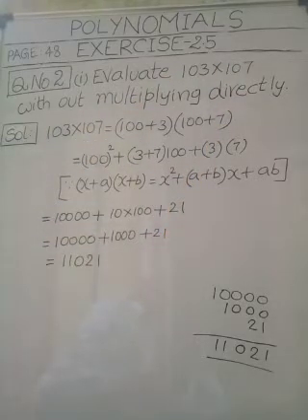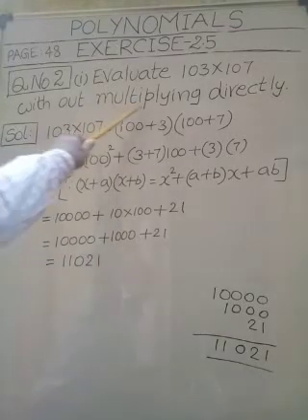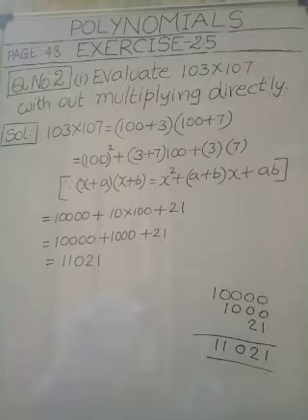You have done it in the earlier classes, but you have learnt algebraic identities. So we use that knowledge to find the product of these two numbers, by using a suitable identity, because it is clearly mentioned that we should not multiply these two numbers directly.